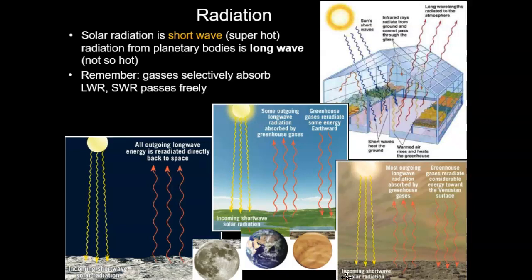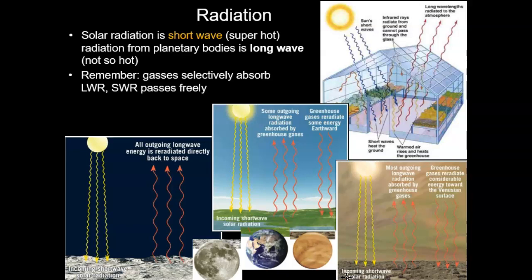So this does not happen with the outgoing long-wave radiation from the Earth back to space, however. Much of this emitted radiation is absorbed by the water vapor or the carbon dioxide or any of the other trace gases that are within the atmosphere.